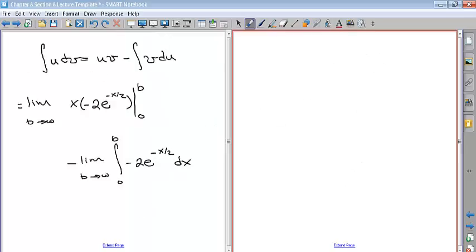So then what we do is we're going to integrate the second thing. So we got this first part. Let me factor out the negative 2. So it's negative 2x e to the minus x over 2, evaluated between 0 and b.